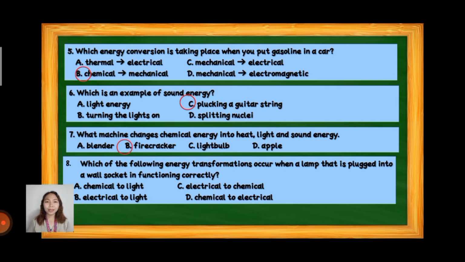Okay, number 8. Which of the following energy transformations occur when a lamp that is plugged into a wall socket is functioning correctly? Okay, asa man ana? Yes, the answer is letter B, electrical to light energy.